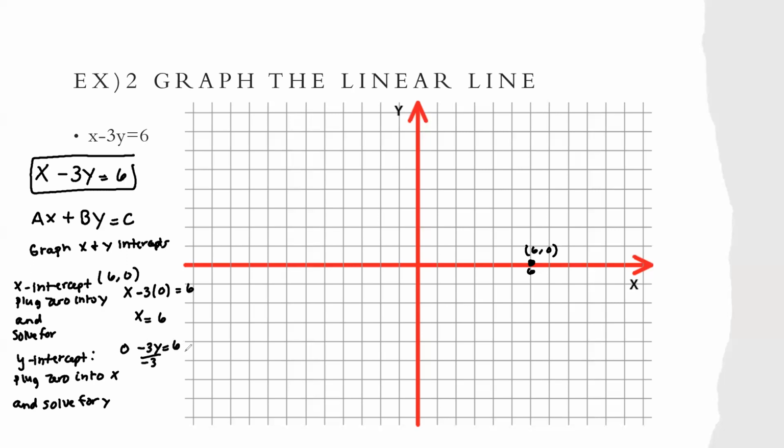Divide this by -3. 6 divided by -3 is -2. So how do I write this as a coordinate? It would be 0, -2, right? So let's plot that point. 0, -2 is right here.